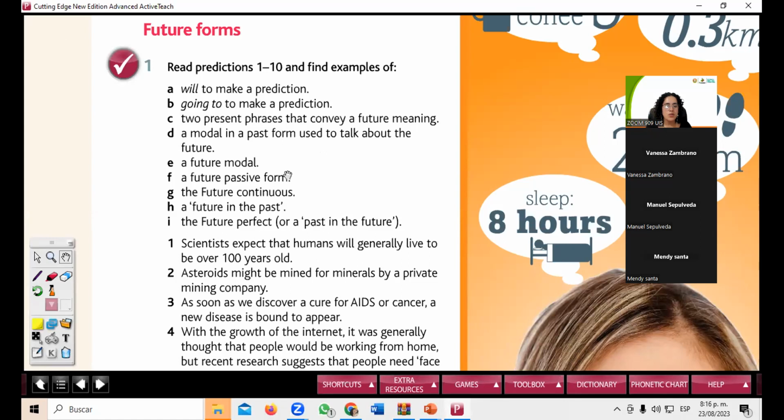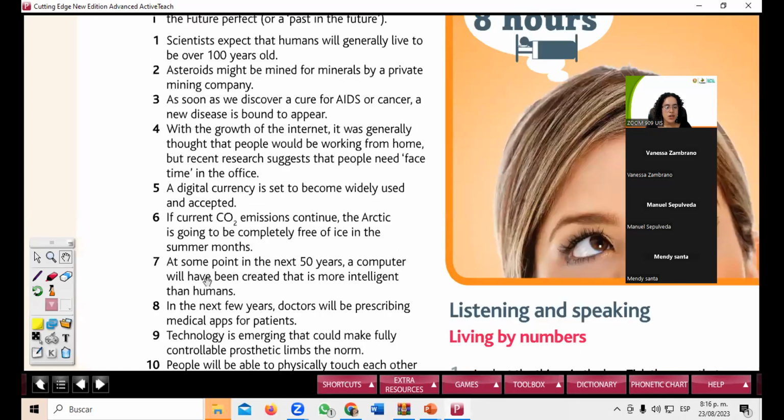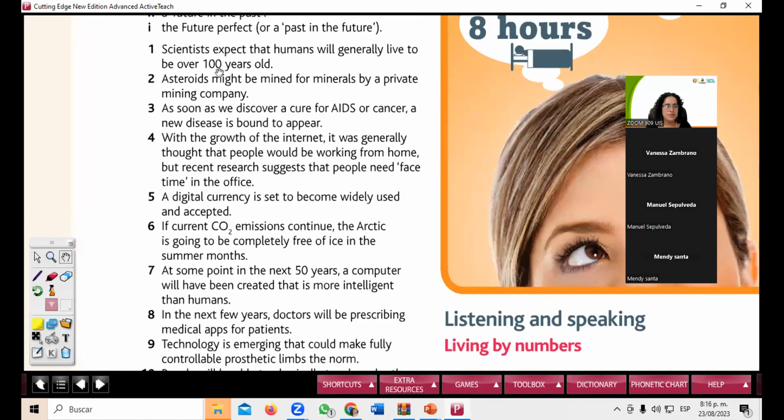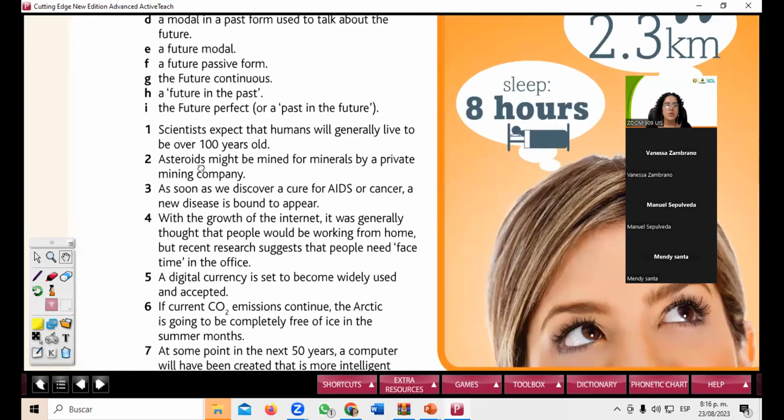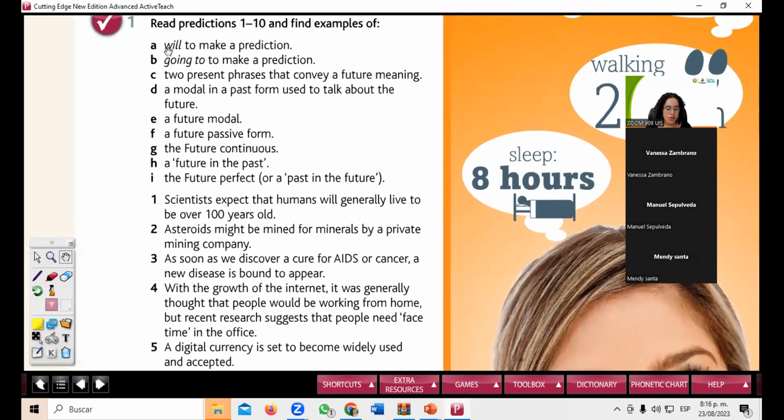So we are going to correct or socialize your answers, what you got for these examples that we have here. What we're going to do is I will call you one by one, and you will read the example, so number 1, and you will tell me what letter or what letters apply for that sentence, all right?